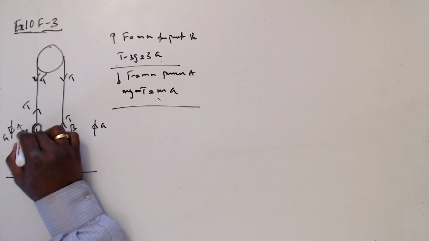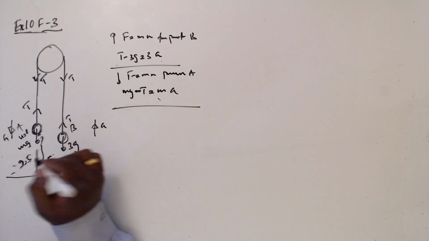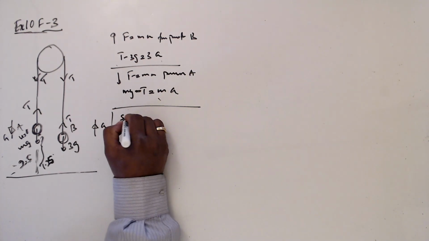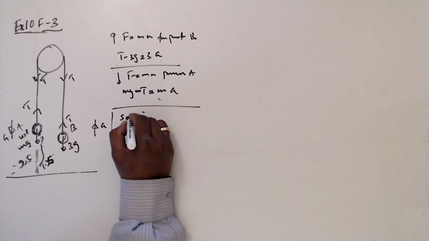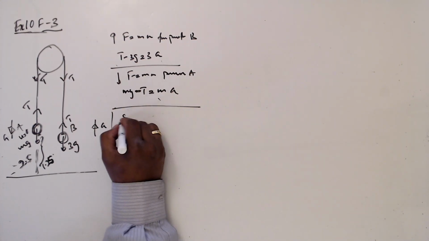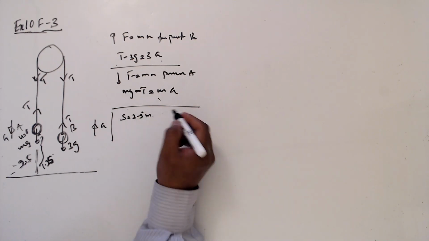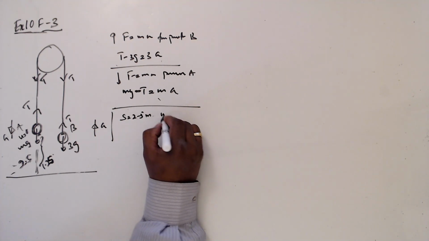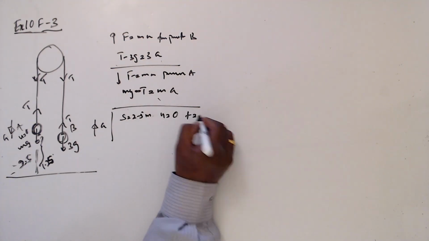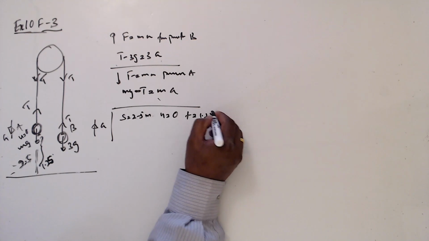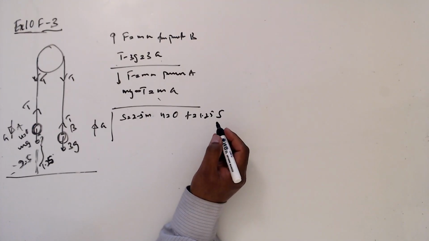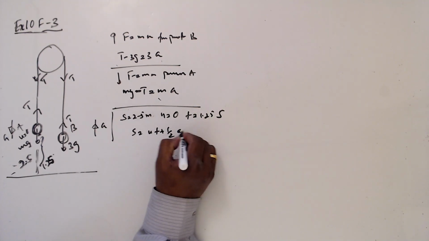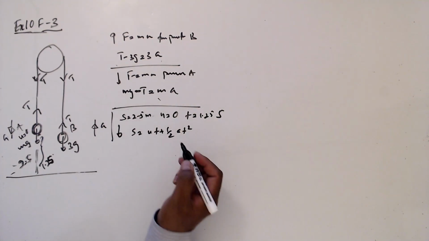So u equals 0 when it is released, and it takes 1.25 seconds. Then s is 2.5 meters, and a we don't know. u we know is 0, and t is 1.25 seconds. s equal ut plus half at square when you put downward.